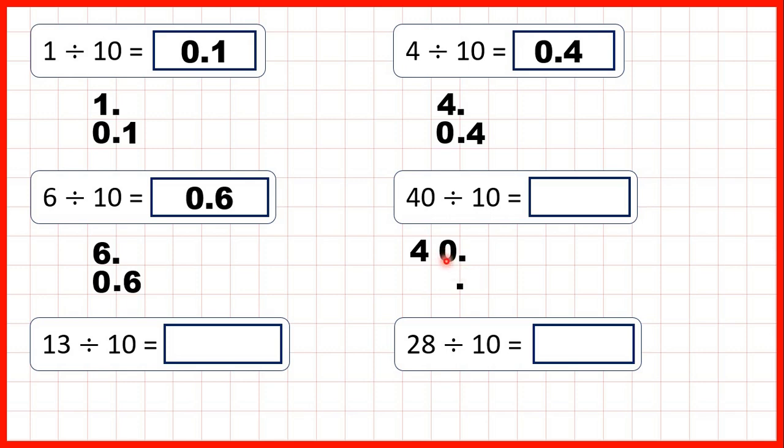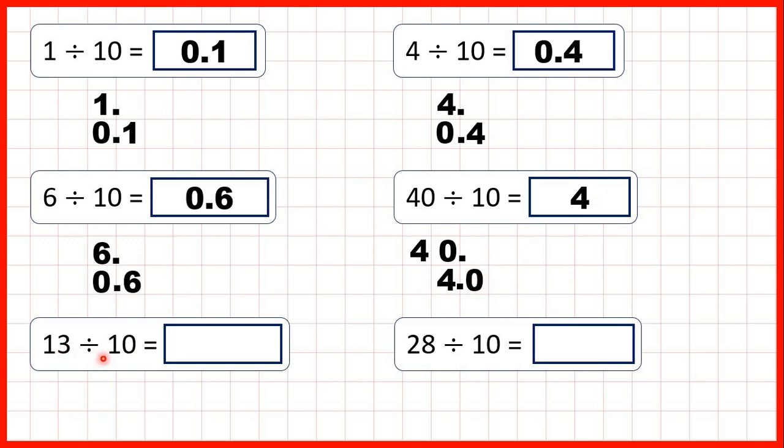So we can copy this 0 down 1 square to the right, and do the same with this 4, and we get 4.0. But remember, 4.0 is the same as 4. A 0.0 on the end just tells us that we don't have any tenths, but a whole number tells us that as well. So we can just write 4 as our answer.